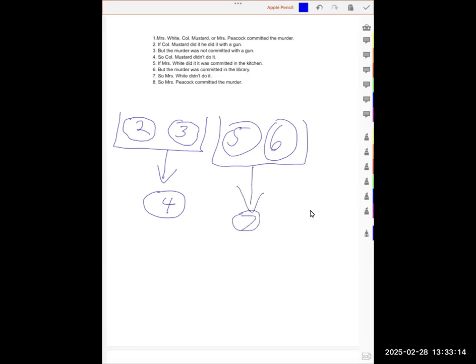I need to draw these a little more on the same level. Then we say, well, White, Mustard, or Peacock did it. Well, that's number 1. 4, 7, and 1 all work together to prove our conclusion, number 8. And look, I should draw my little diagram a little neater.